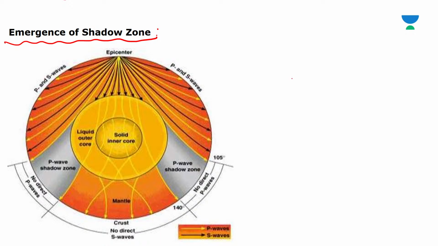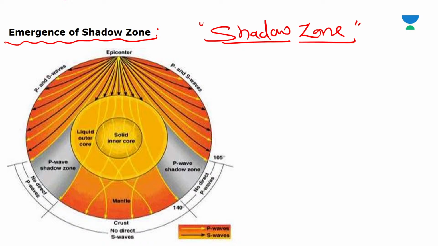However, there exist some specific areas where the waves are not reported. Such a zone is called the shadow zone. Now, friends, the study of different events reveals that for each earthquake, there exist altogether different shadow zones.